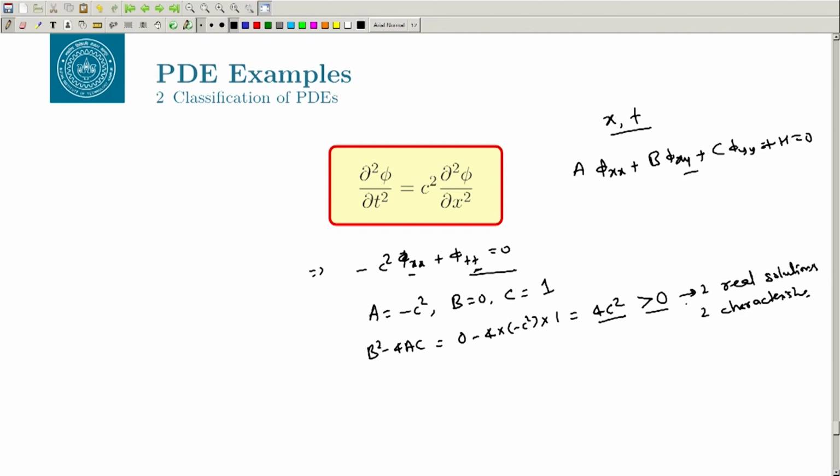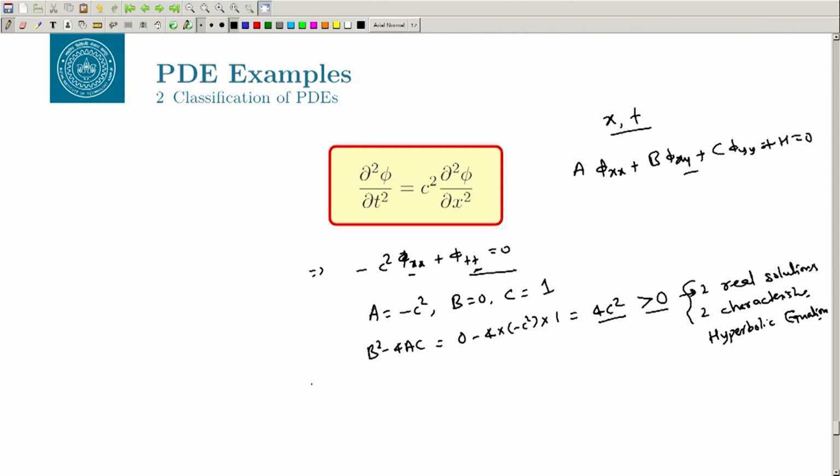These kinds of equations are called hyperbolic equations. Okay. This not only says that, it also provides you a means to determine the solution of the equation, right.